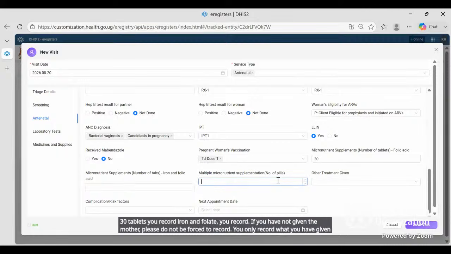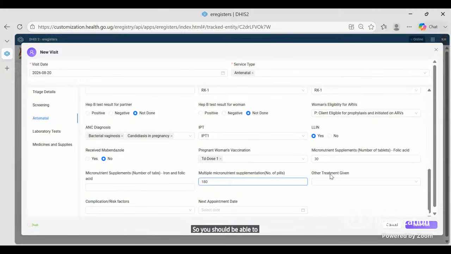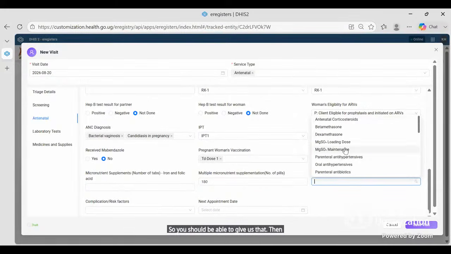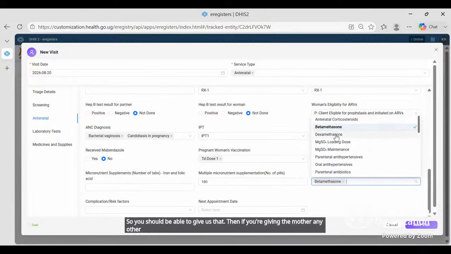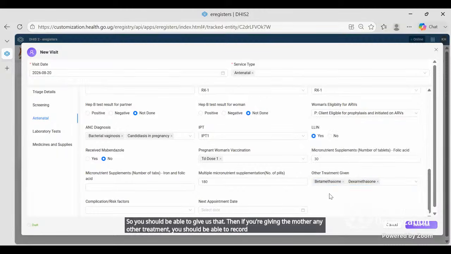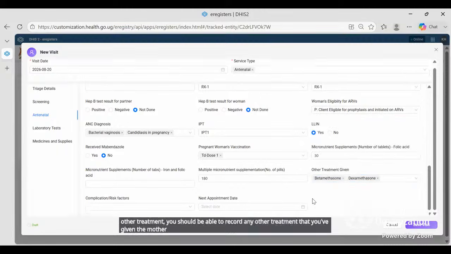Then we also have the MMS, where I think we are giving a tin, which has 180 tablets for now. So you should be able to give us that. Then if you're giving the mother any other treatment, you should be able to record any other treatment that you've given the mother. And again, I'm being hypothetical here because I want us to go over the fields that are available in the ANC register.